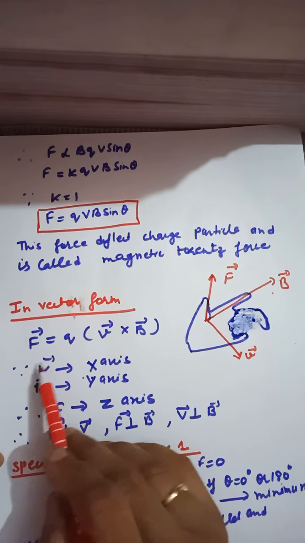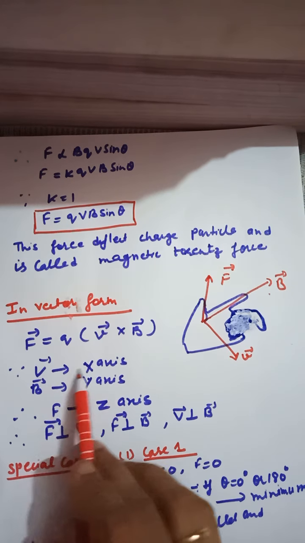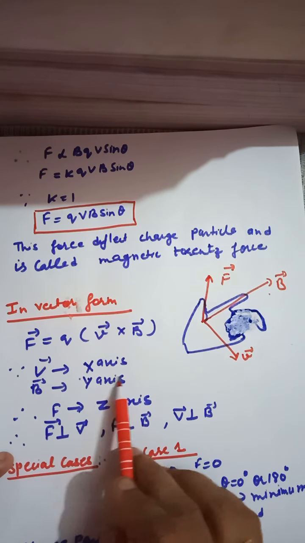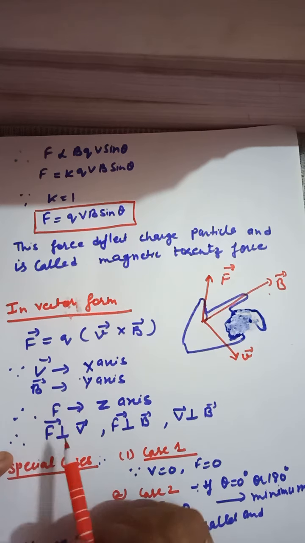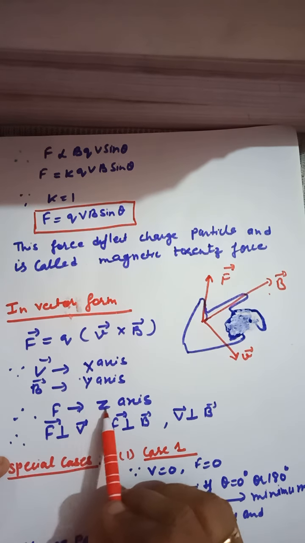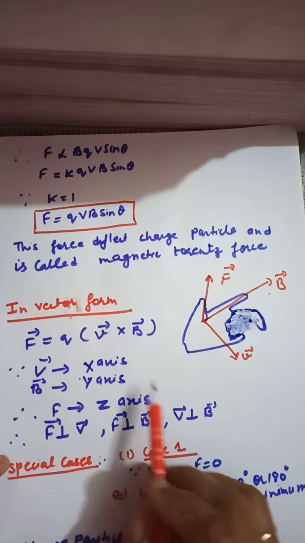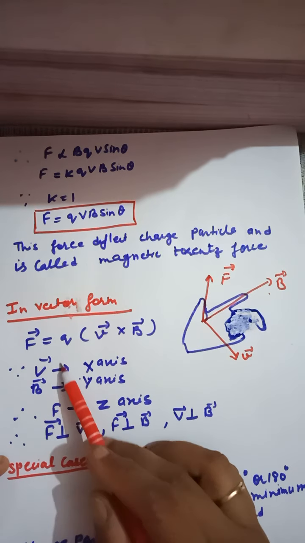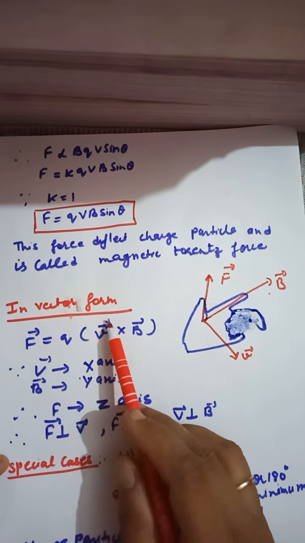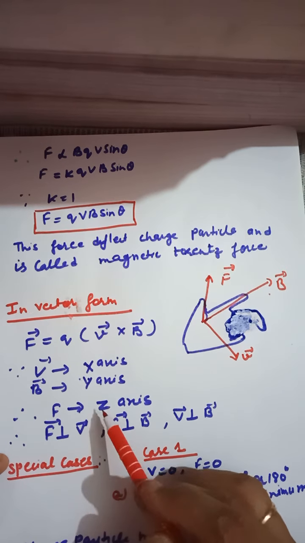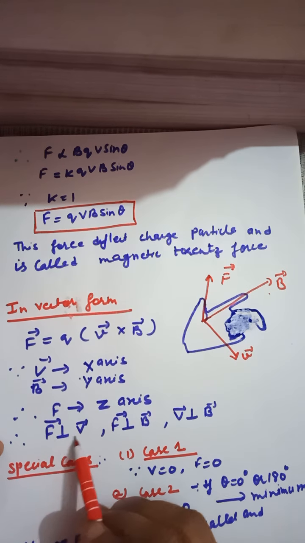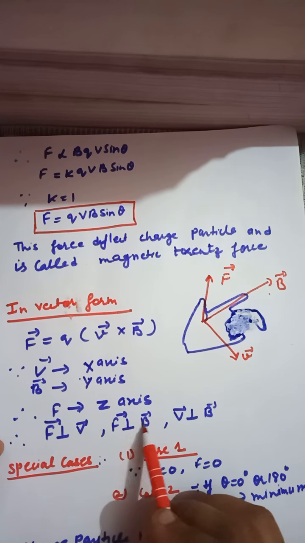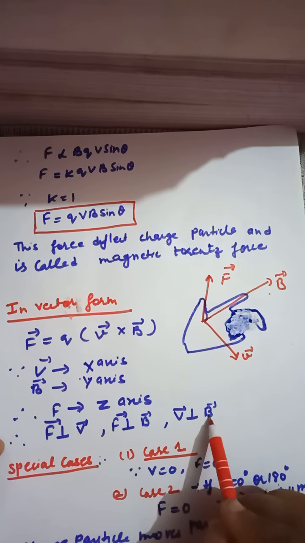When v is acting along the x axis and B along the y axis, the direction of F is along the z axis. That means all three vectors are perpendicular to each other for the maximum deflection of the charged particle in the magnetic field: F perpendicular to v, F perpendicular to B, and v perpendicular to B.